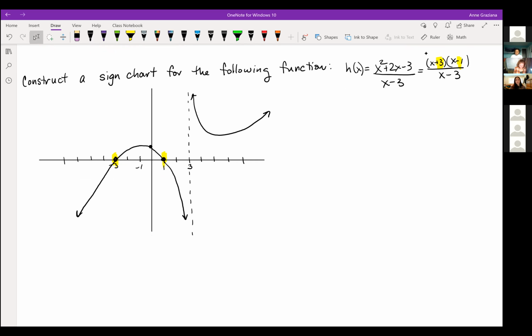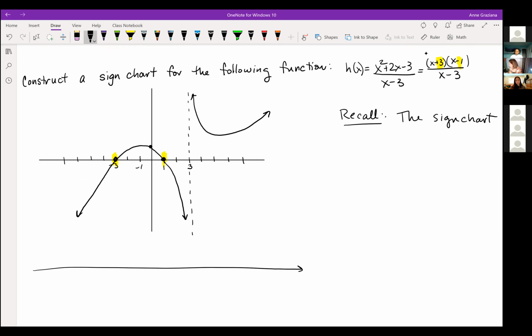All right, so let's look at this. Now remember the sign chart, okay, so recall the sign chart does what? What do we use this thing for?